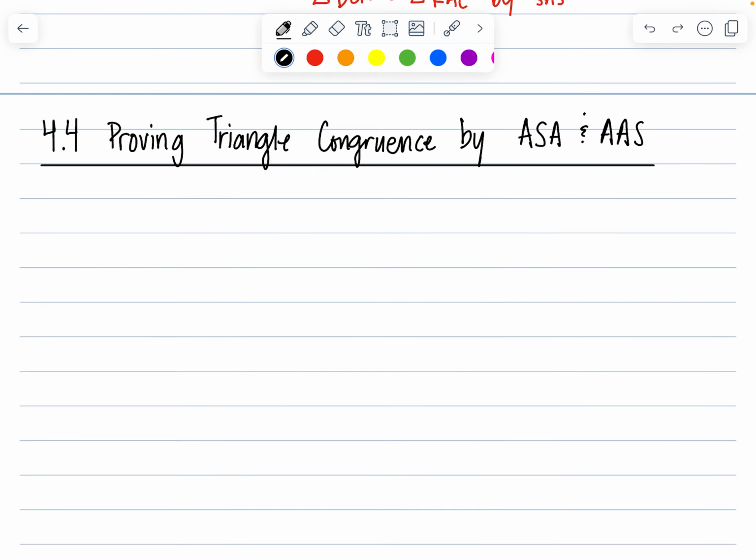So, angle side angle. Oops. Angle side angle. And let's actually put that in parentheses just so we could see it written out.